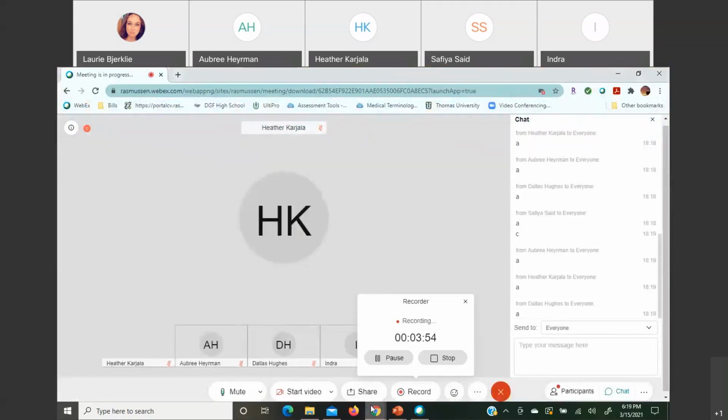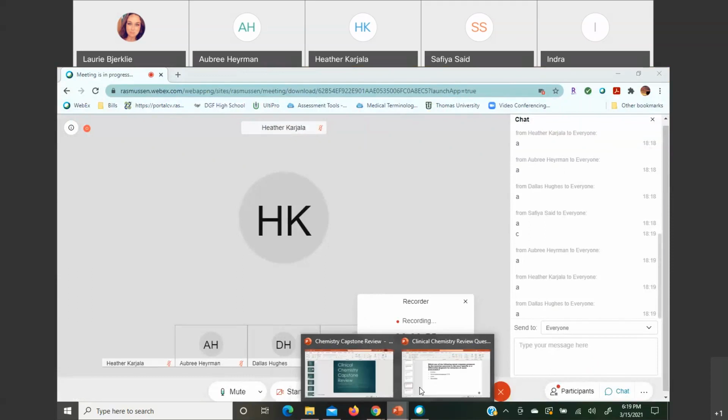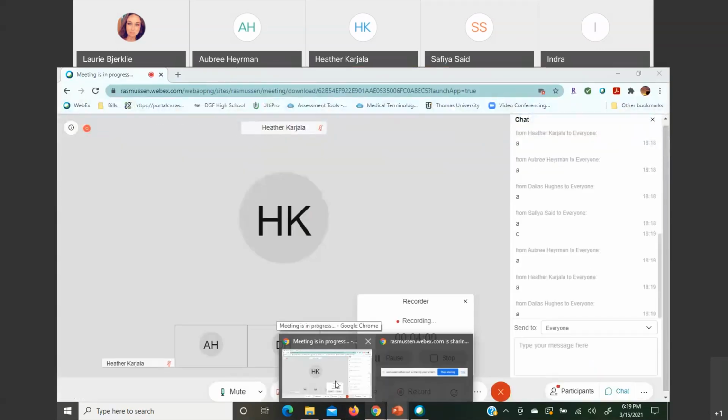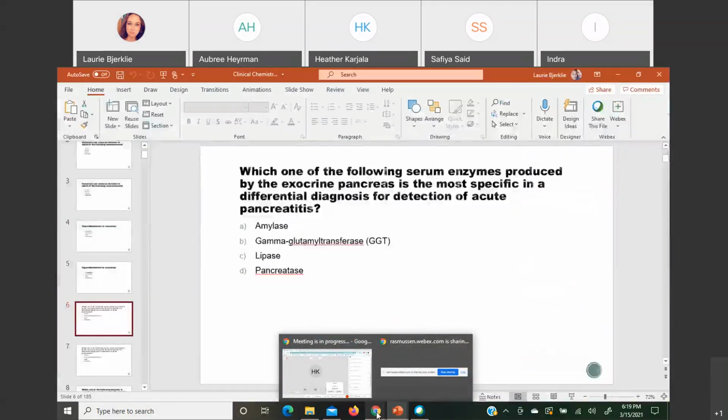All right, so I have some A's here. A lot of people said amylase. Amylase is used a lot for pancreatic stuff like pancreatitis, but it is not the most specific out of the bunch, and it's not only made by the pancreas. Amylase is found in a few places in your body, like your salivary glands. So if you think of it that way, it's not the most specific.